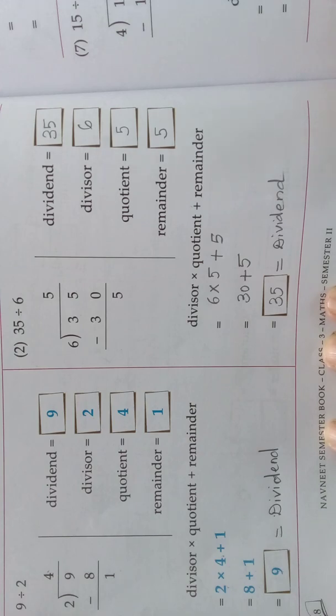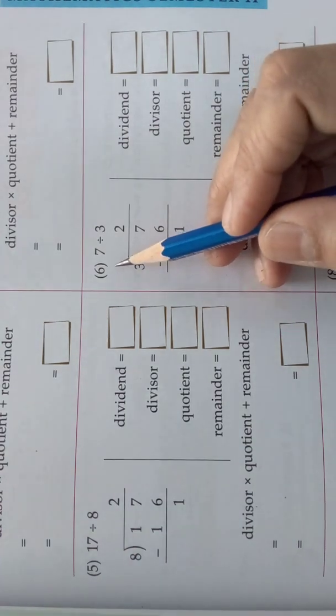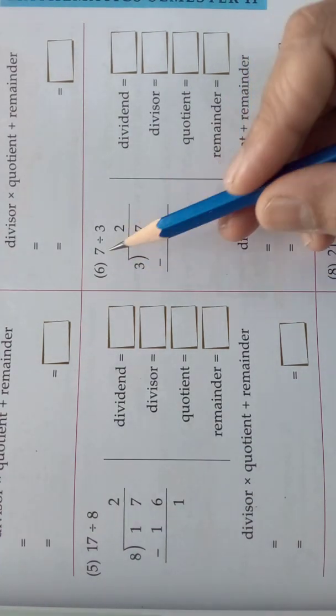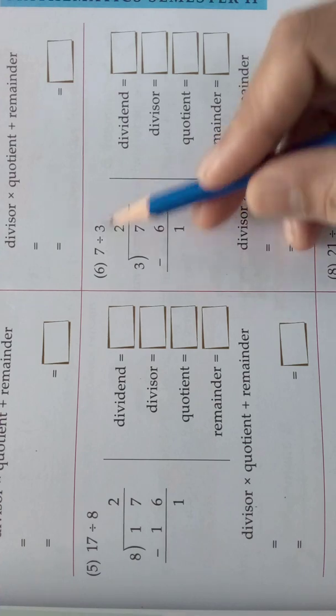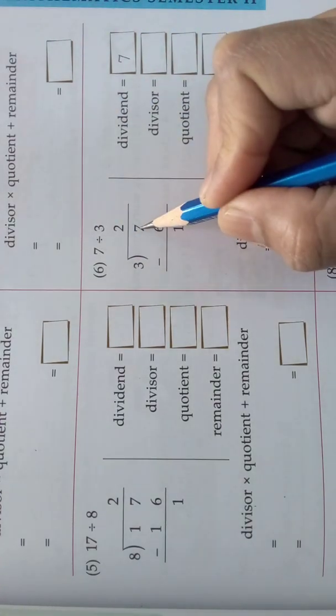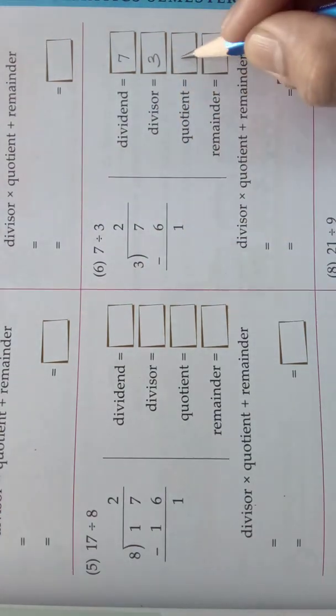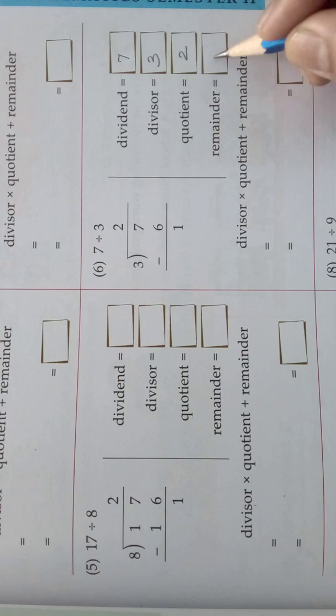So, this is the relation between dividend, divisor, quotient and remainder. Come, we will do one more sum. Go to the next page. Suppose you take the sixth sum, 7 divided by 3. The division is over here. What is the dividend? 7. 3 is the divisor, this is the quotient, this is the remainder.